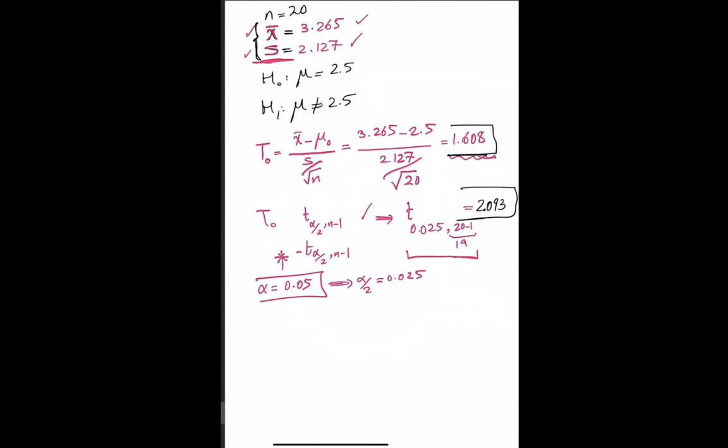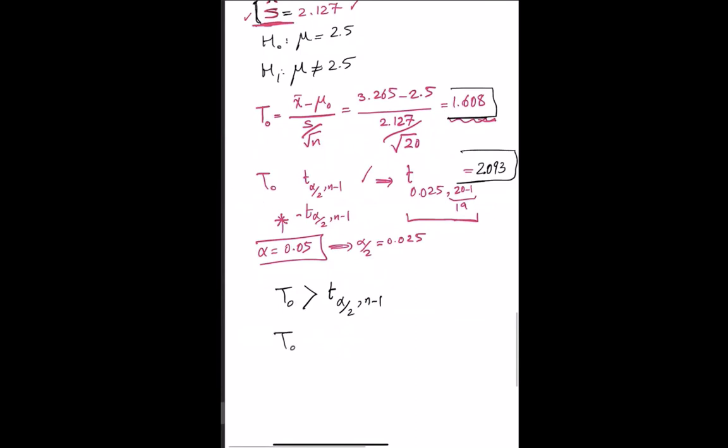If the value of the test statistic is greater than this t of alpha over 2, n minus 1, or the value of the test statistic is less than the negative of it, for a two-sided test, if one of these conditions holds, then we reject.